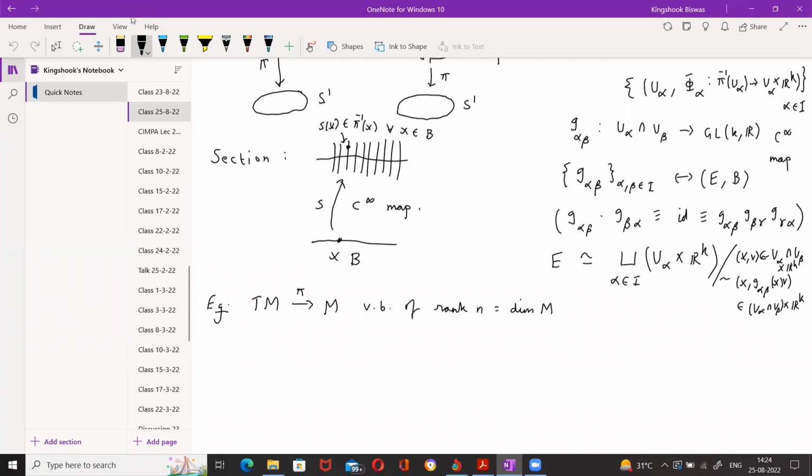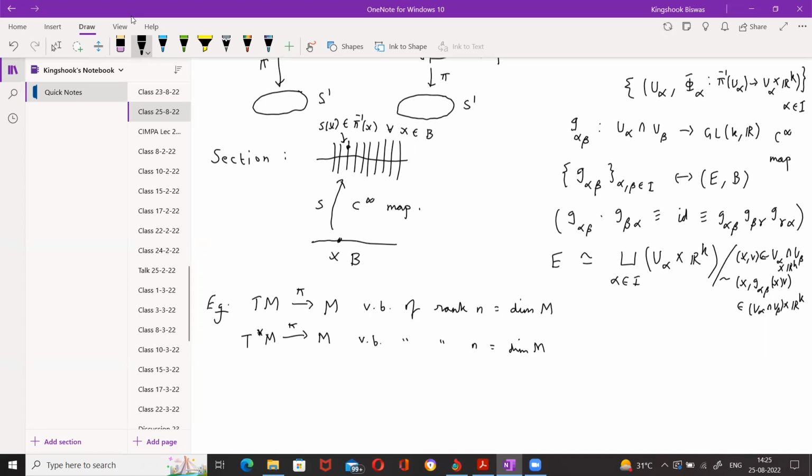Similarly, fiber-wise, you apply those operations and you can construct new vector bundles from a given vector bundle. So the cotangent bundle is given by taking pointwise the dual of the tangent bundle. So this is also a vector bundle of rank n.